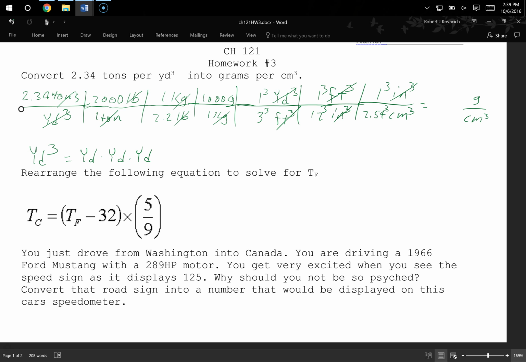I got 2.782 and some other stuff. But how many sig figs do I get? 3. So the answer here is 2.78 grams per centimeter cubed.